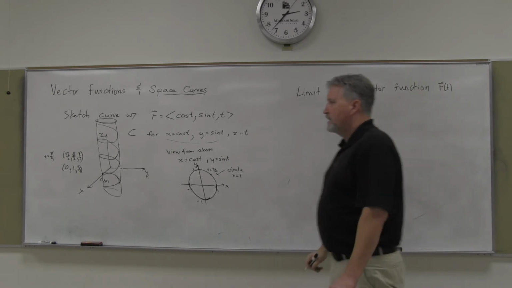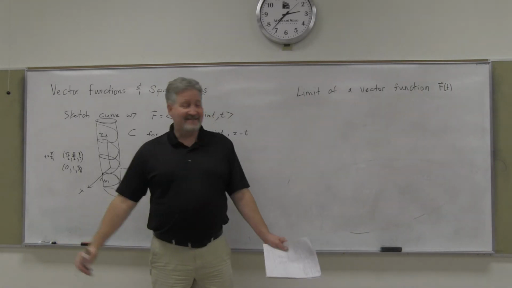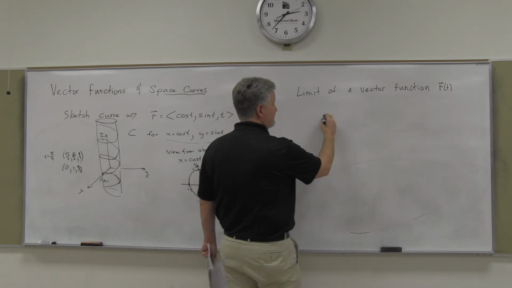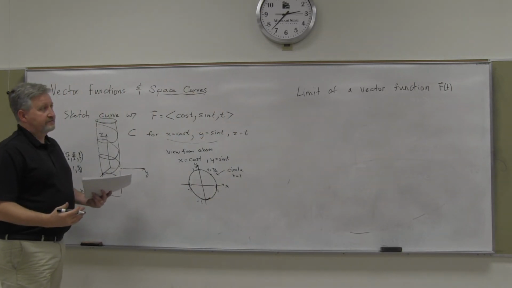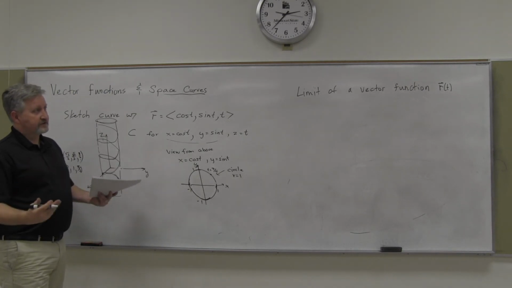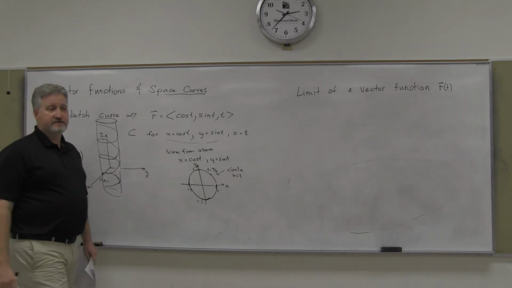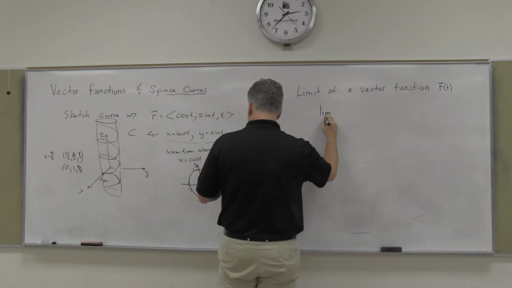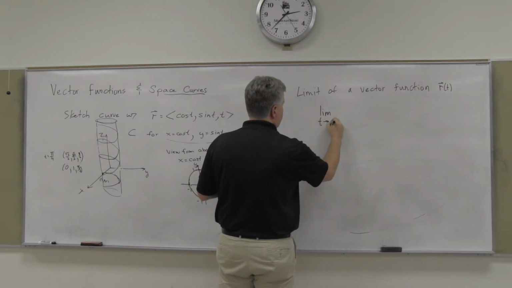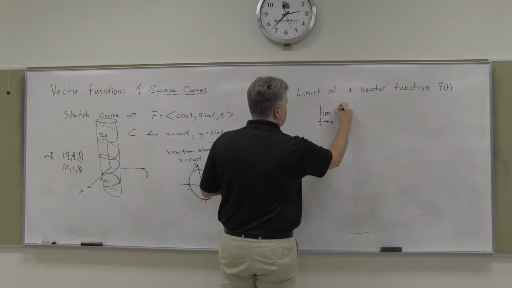The good news is r of t is a vector function whose components are just functions. What if I do the limit as t approaches a of r of t?